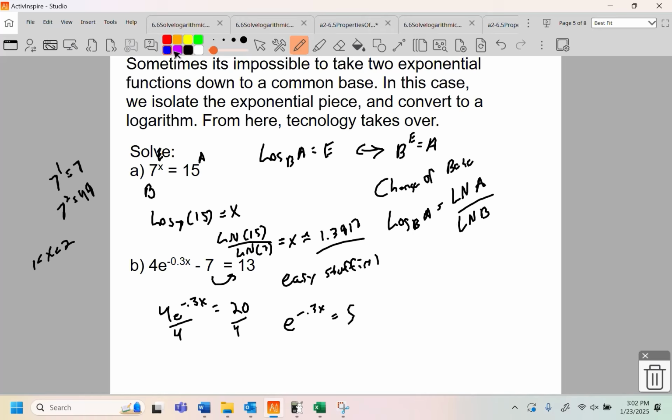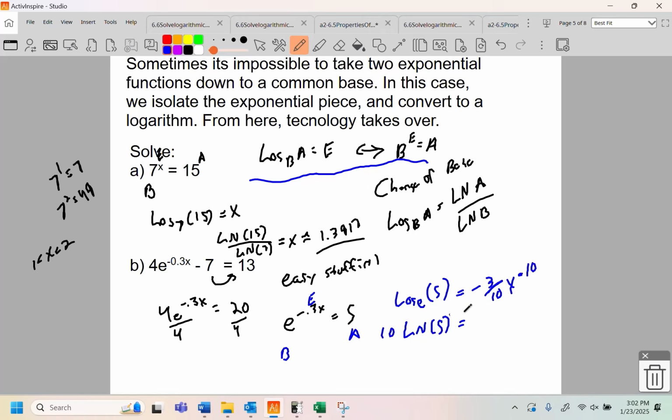Log is bay. Log is bay. Base. Exponent. Don't be the kid who can't identify an exponent. Bases have exponents. Argument. Log base e argument 5 is equal to negative, I'm going to rewrite this as -3/10 of x because I feel special. All right. Log base e is known as ln. And the opposite of division is multiplication, so I'm actually going to multiply both sides by 10 at the same time.